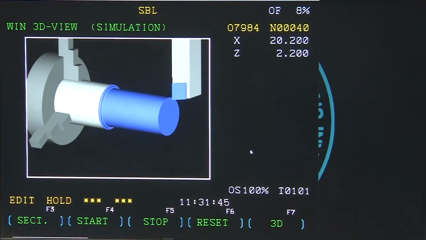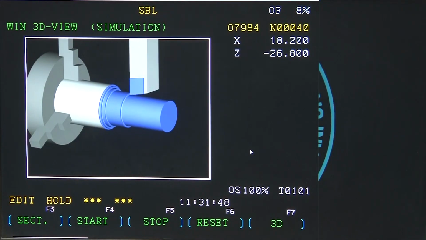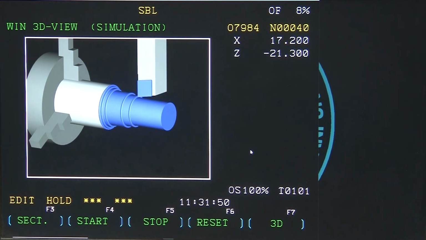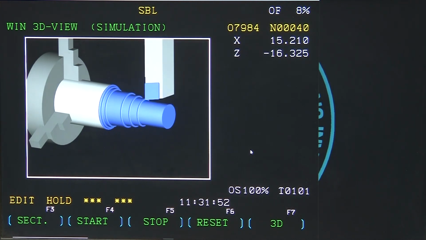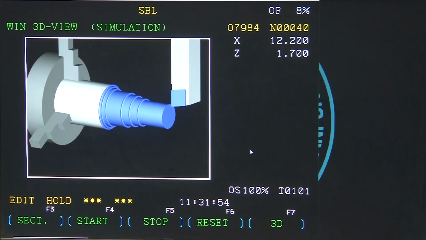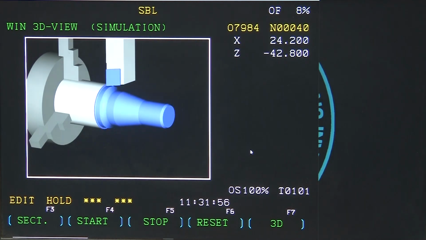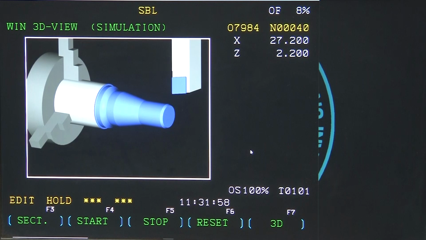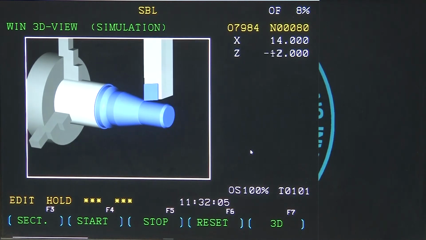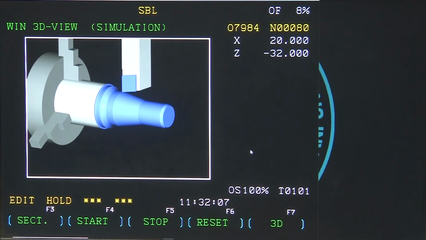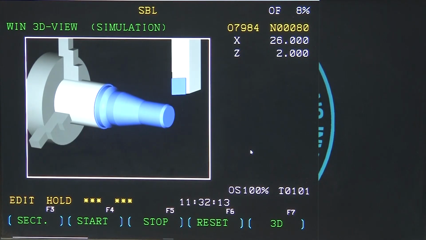These are the different passes the tool is making, turning and making the cylindrical surface as per the drawing and as per the program given. You can see that the chamfering is made, the cylindrical surface is made, the taper surface is made, and after the taper surface a flat is made, and then the finishing.